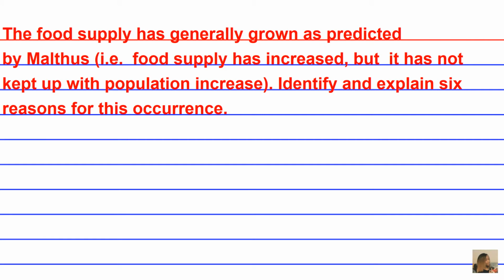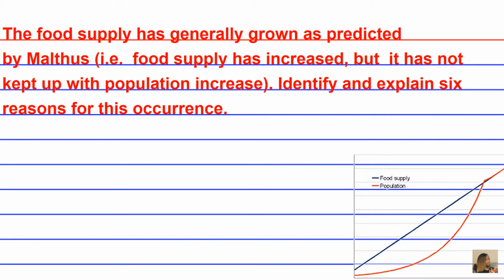All right, so a fifth reason that the food supply has generally grown as predicted by Malthus is because of fuel. I'll give you a moment to justify this and write out an explanation.